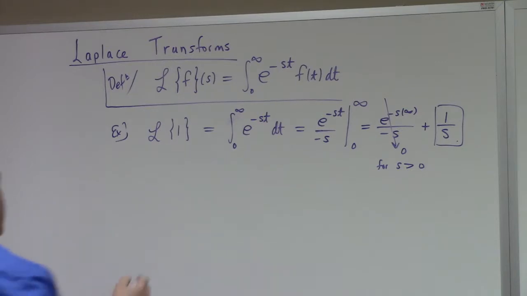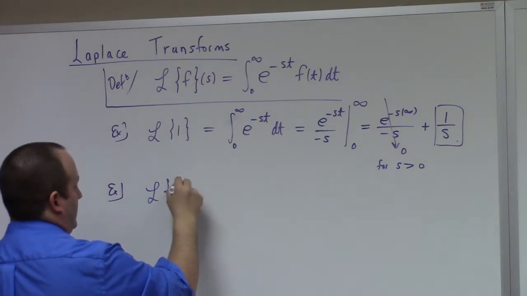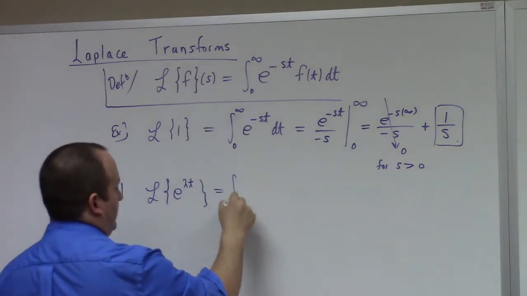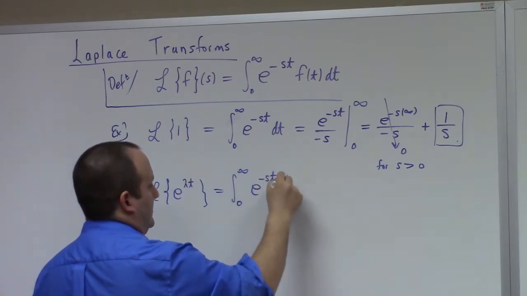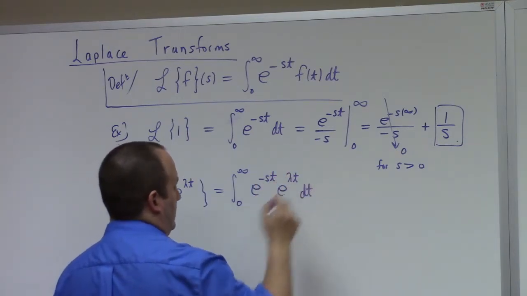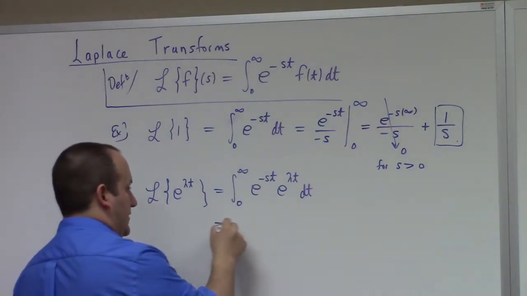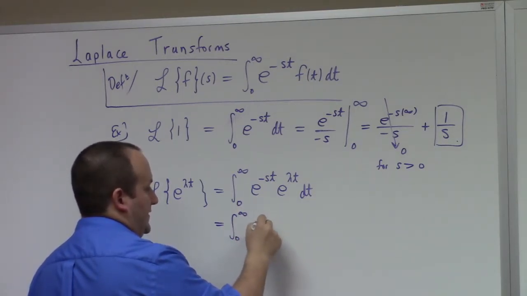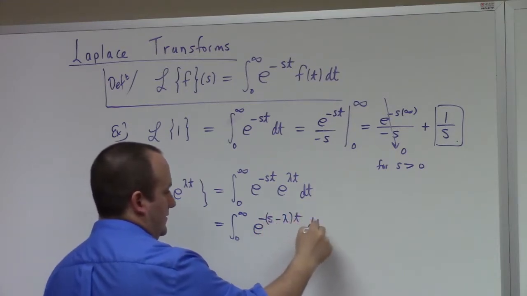Let's calculate the Laplace transform of an exponential. The Laplace transform of e to the lambda t. So the integral from 0 to infinity of e to the minus st times e to the lambda t dt. So you see what you can do here. Let's use laws of exponentials. This is the integral from 0 to infinity of e to the minus (s minus lambda) times t dt. See what I did there?